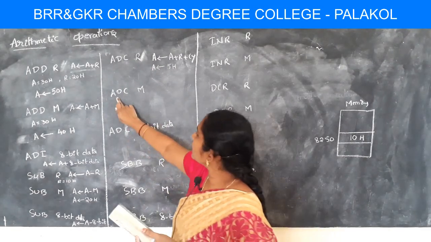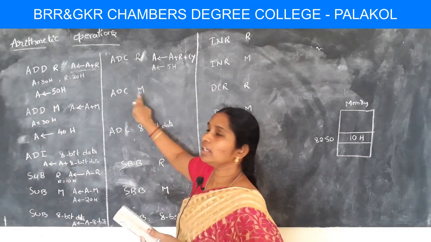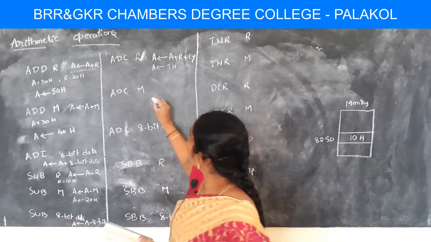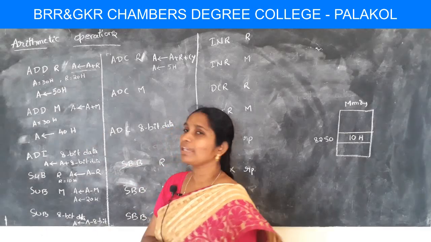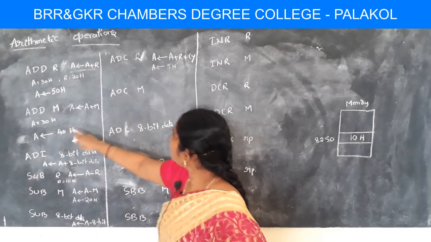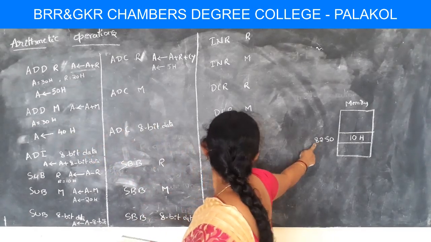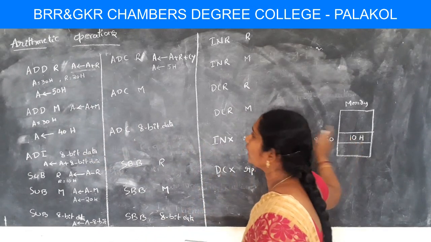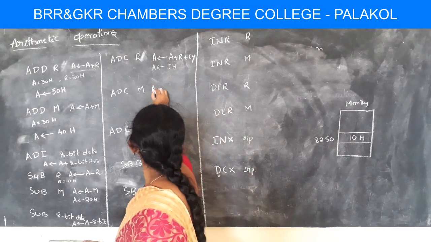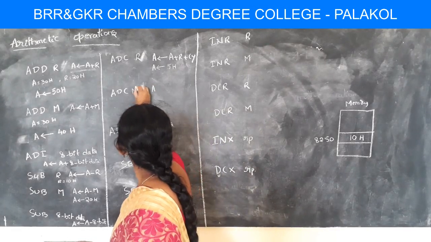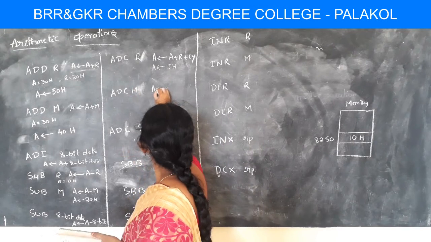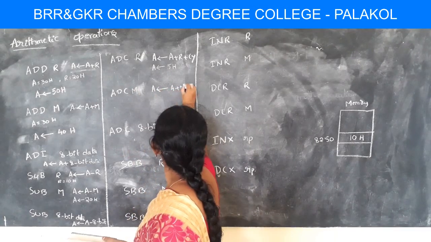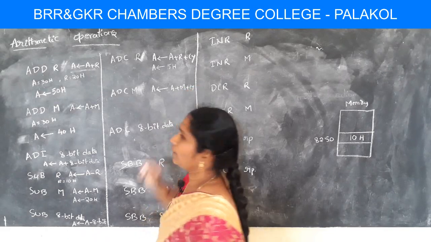And after that, ADC M, this means add with carry the memory location. Here also consider the same example. A is 30 and the data in the memory location is 10. So the meaning of this instruction is A becomes A plus M plus carry.